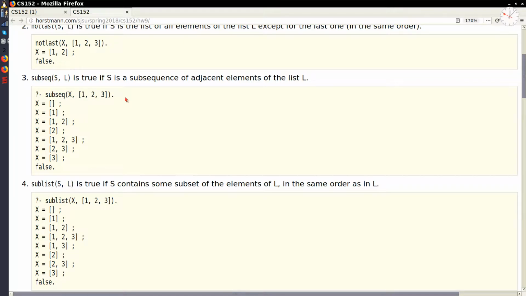So let's draw the picture. L has a head, and then it has a tail. And now S is sitting in there somewhere, right? Like this. In this case, isn't S a subsequence of the tail?